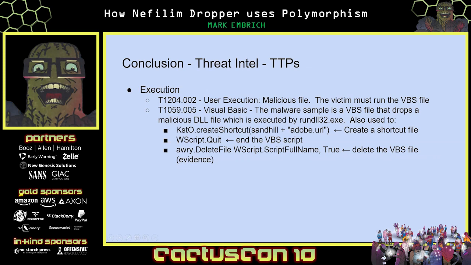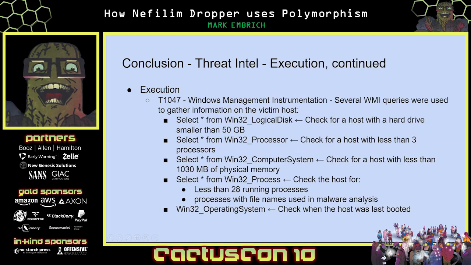We also have Visual Basic, which should be kind of obvious in that it's a VBS file. And we have a bunch of WMI queries, which were used to gather information on the victim host. It appears these queries were used to determine if the victim host was a real victim or a malware analysis sandbox.